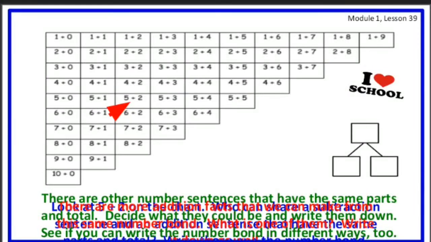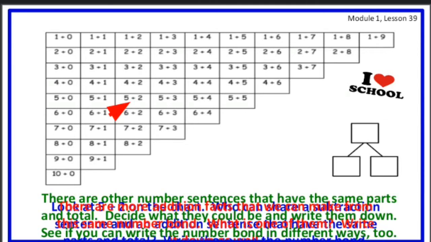Alright. Now this is our worksheet. Okay. They said there are other number sentences that have the same parts and total. Decide what they could be and write them down. Now they are pointing to something which is 5 plus 2. Can you see that? 5 plus 2.